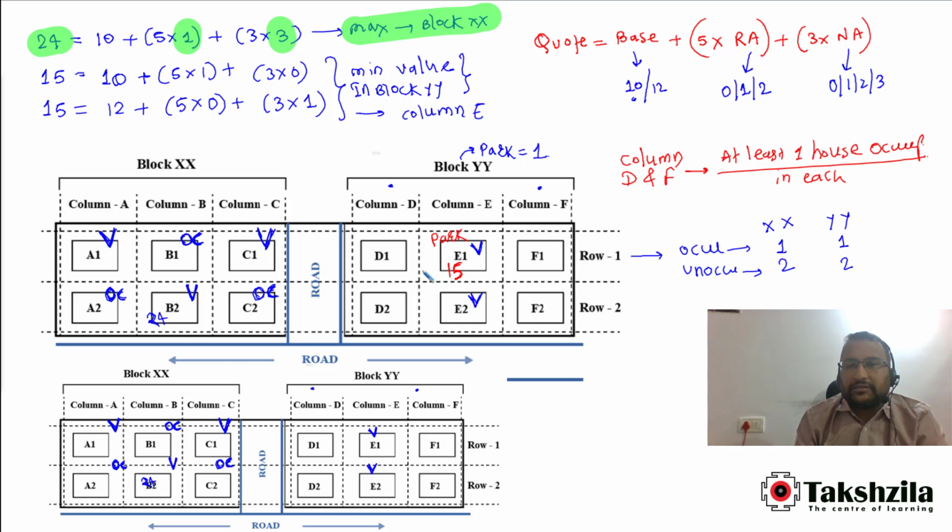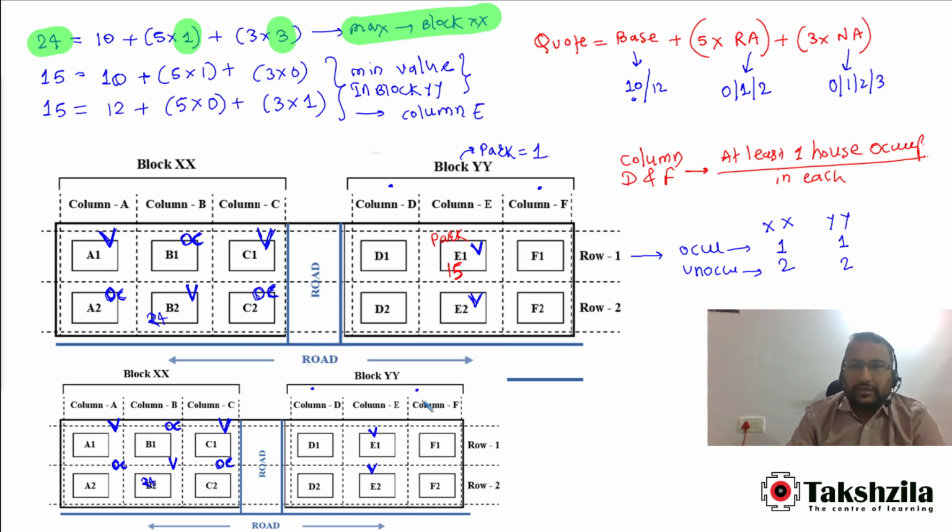The neighbor adjacency is 1. It means one among D1 and F1 is occupied and the other one is not occupied.